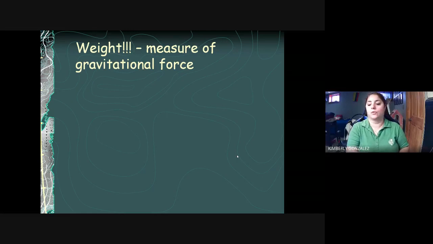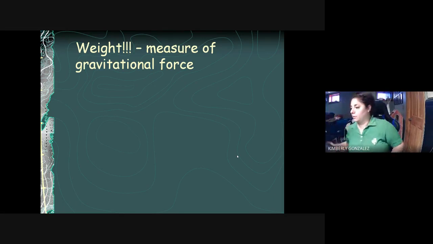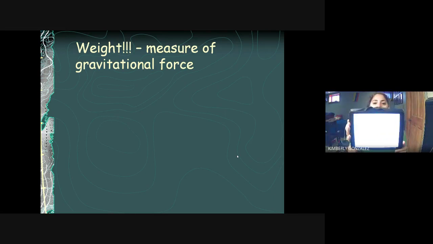Your weight is gravity dependent. So how strong the gravitational pull is will change your weight, okay? The calculation that you are going to use in order to find weight is W equals M times G. That is the formula for weight, where gravity on Earth is 9.81 meters per second squared.